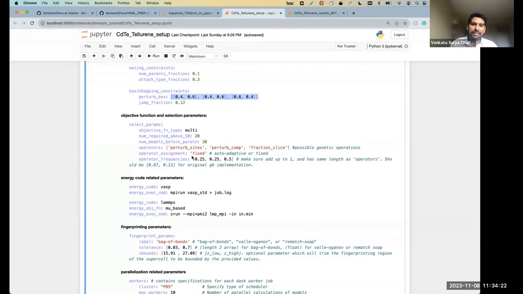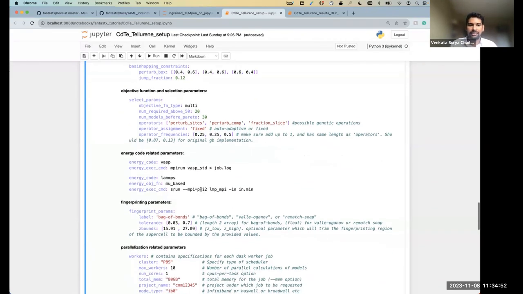Like for example, here we are using a fixed operation, but you can also mention auto-adaptive, which basically adapts these frequencies which correspond to the genetic operations. So auto-adaptive makes sure that each of these genetic operators is getting enough representation in the final population. So we can do that, or we can also keep it fixed, like in this case.